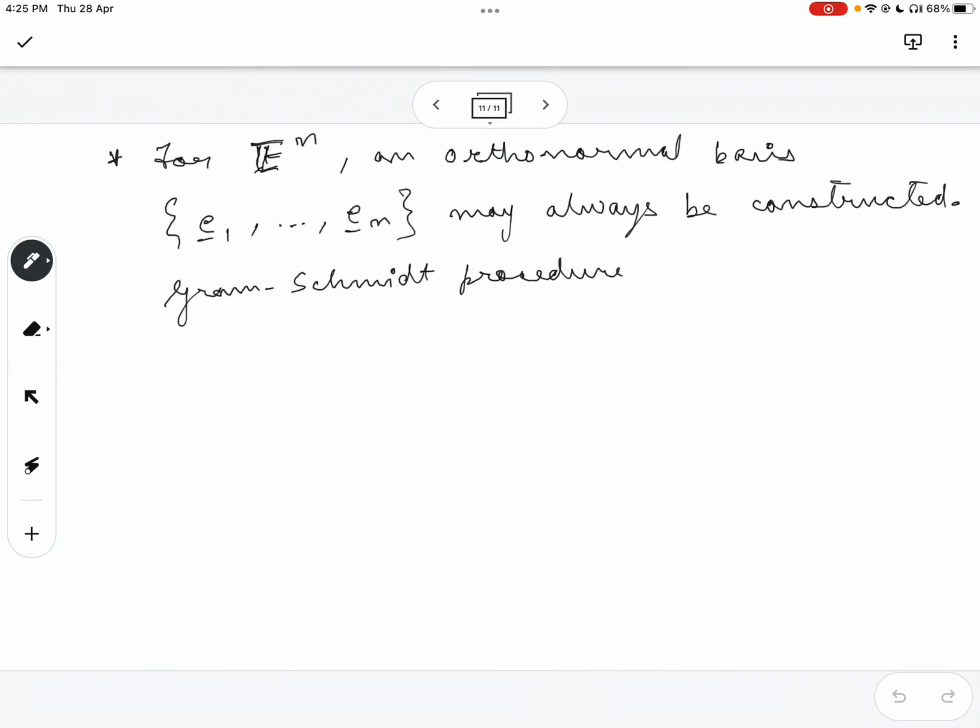That is, for any vector v belonging to the n-dimensional Euclidean space, v can be written as a linear combination of the orthonormal basis vectors E1 to En.